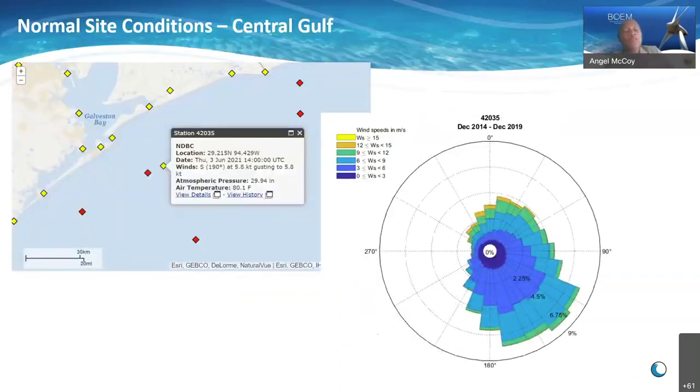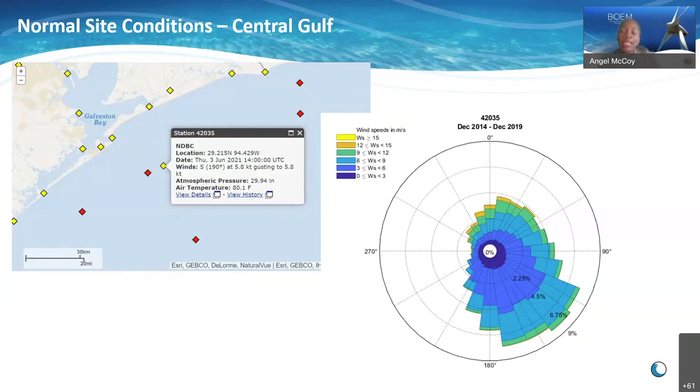So now we're going to move a little further east. Again, please note that when I say Central Gulf here, it doesn't necessarily mean the Central Gulf as identified by BOEM's planning areas. But this area is just offshore of Galveston, Texas, about 22 nautical miles east of Galveston, Texas. And the water depths here are about 17 meters.